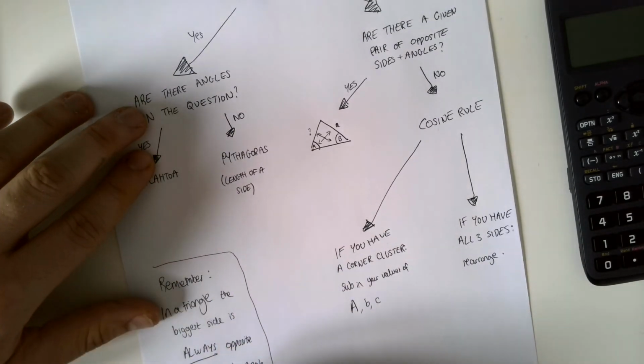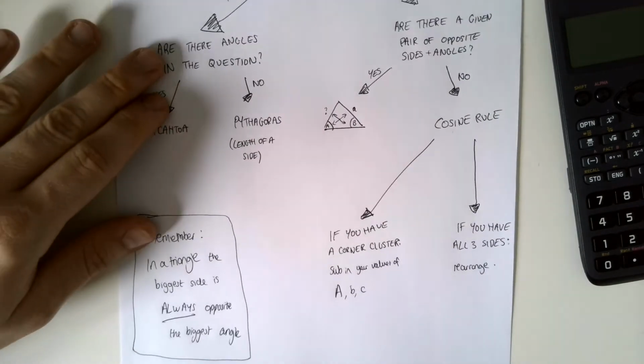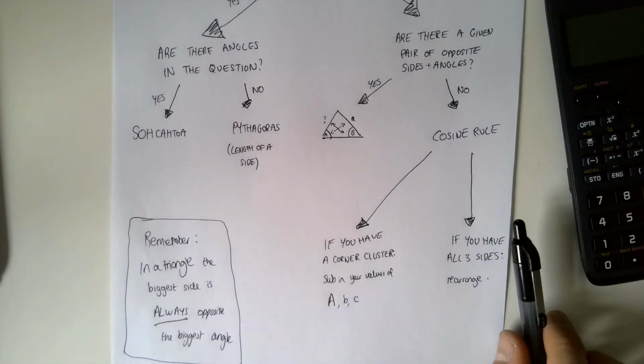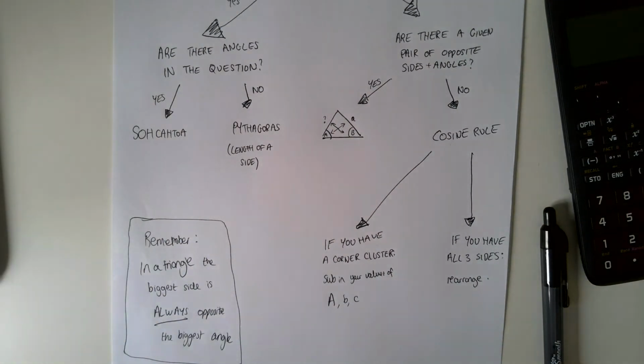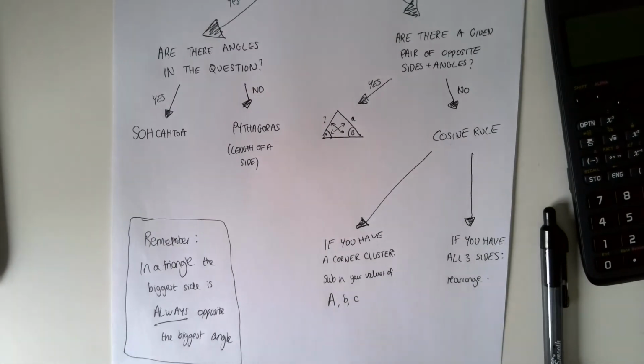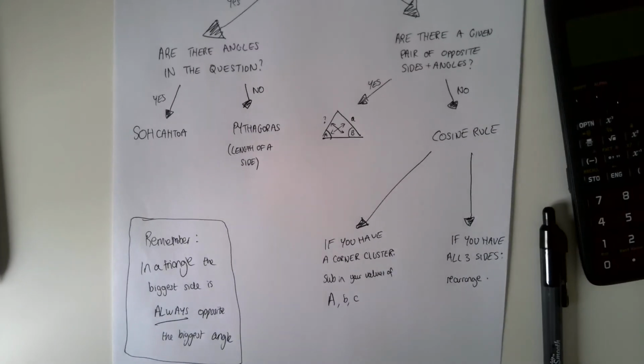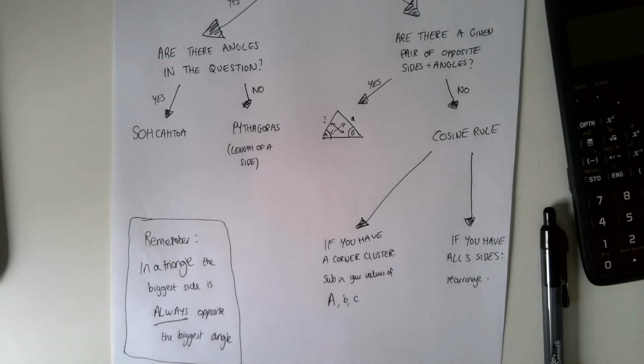Any triangle that is the case, so that is a nice little check. If you have got an angle of 100 degrees and opposite that is your smallest side, you've made a mistake somewhere.